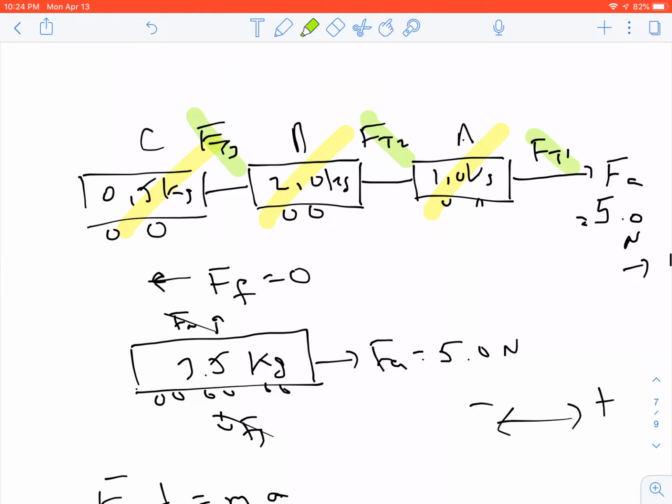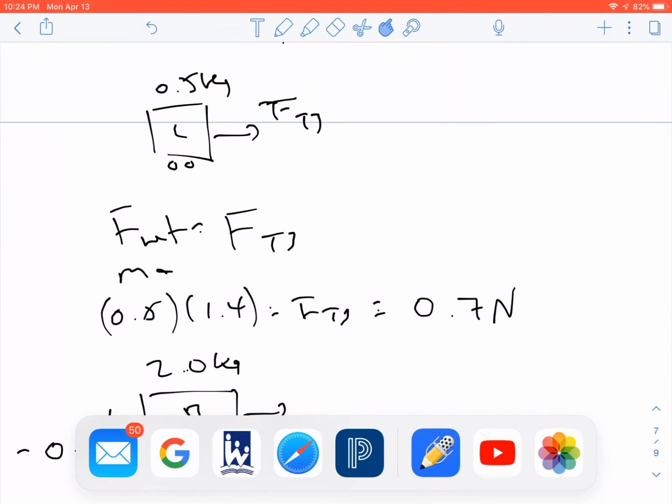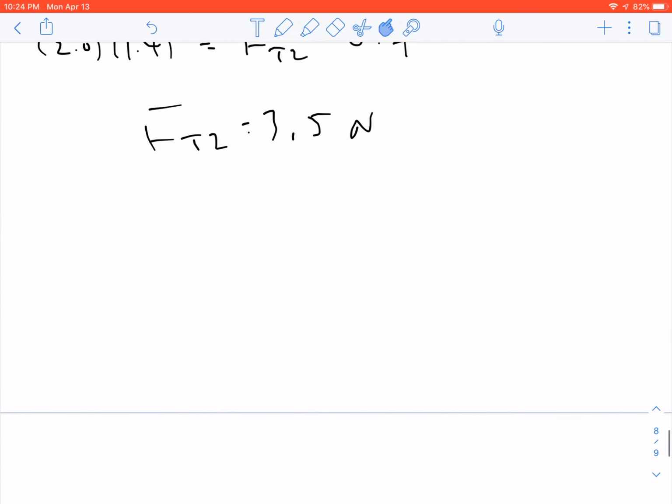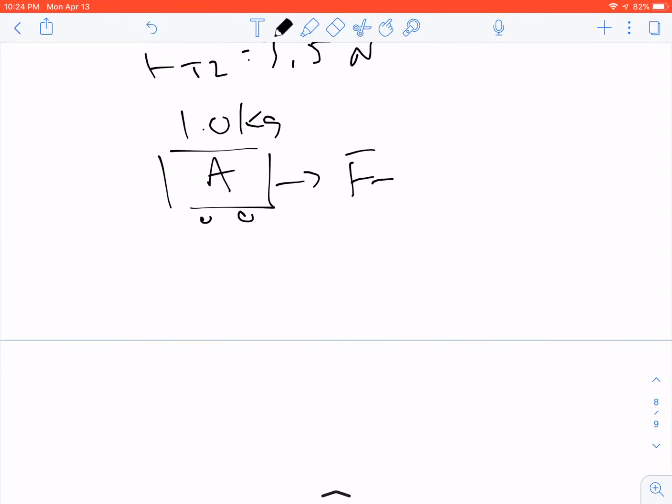We know it's got to be 5, but let's go back and look at what's going on here. So if I draw a free body diagram for cart A, it has a mass of 1.0 kilograms. A is being pulled by string 1 and pulled back by string 2.